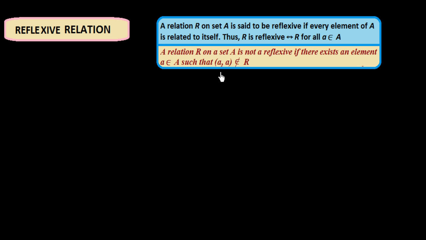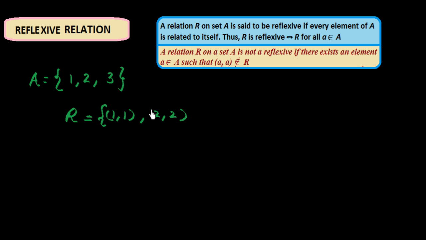So we see how it happens. 1, 2, 3 is our set A, and we have to find the reflexive relation, denoted by R. So it is (1, 1), (2, 2), (3, 3).